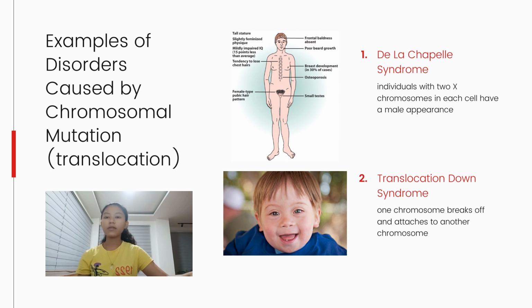Next, we have translocation Down syndrome. Translocation Down syndrome is a type of Down syndrome that is caused when one chromosome breaks off and attaches to another chromosome. In this case, there are 21 chromosomes, but one of the 21 chromosomes is attached to another chromosome. The genetic material from the extra 21 chromosome is what causes the health problems of Down syndrome.